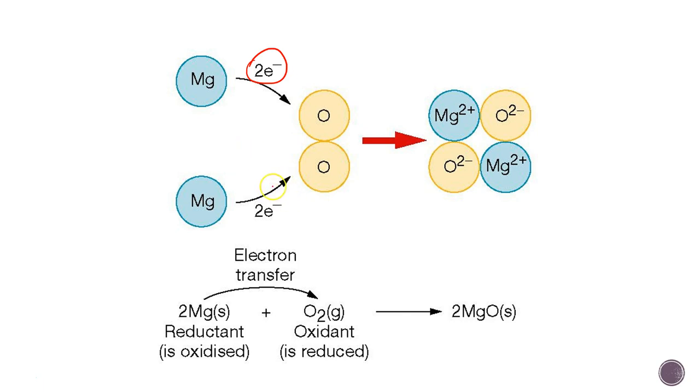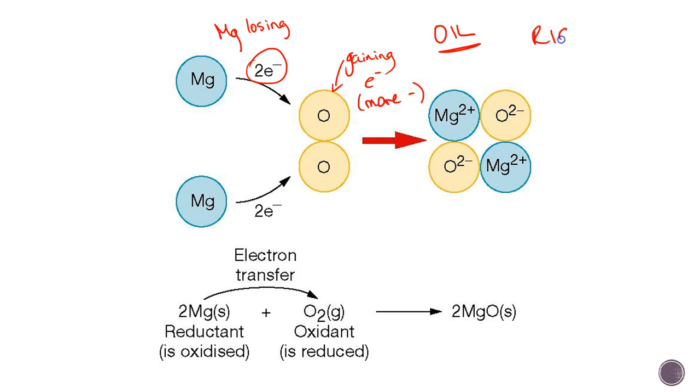Okay, so if we remember that oxidation is loss of electrons, then the magnesium is losing electrons. It's losing 2 electrons, and the oxygen is gaining them. So it's becoming more negative, because when we gain electrons, we become more negative.